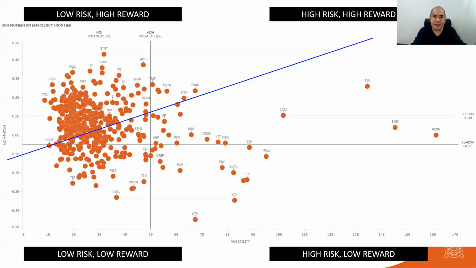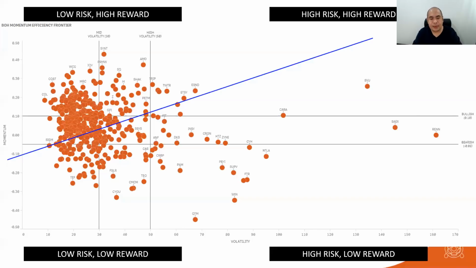But when you plot things in terms of the momentum efficiency frontier, what you'll come to realize is that even though you're taking on so much risk, you're not going to be automatically compensated by momentum. You're not automatically going to be compensated by the kind of risk that you're taking.